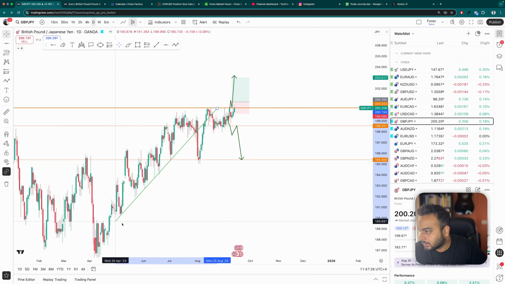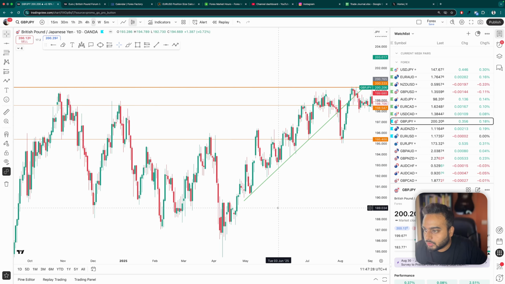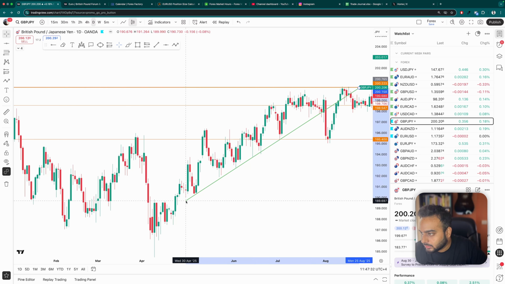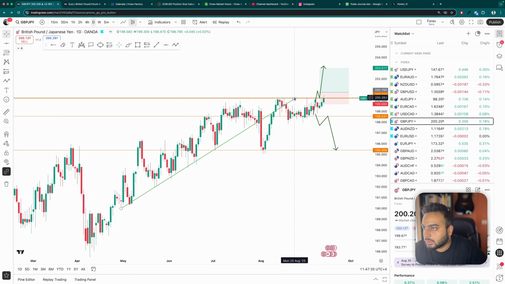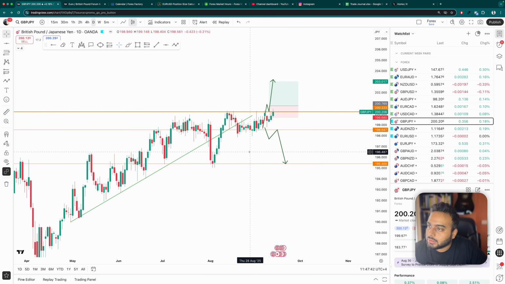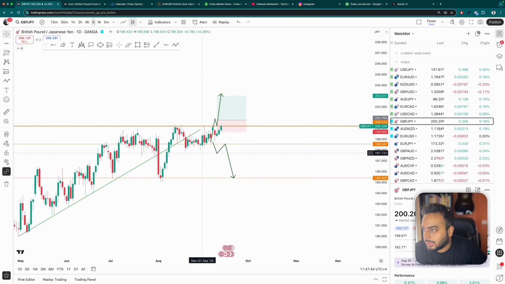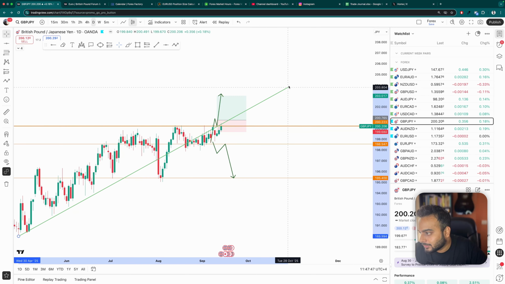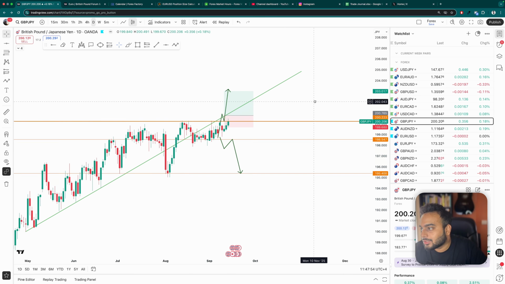I'll mark it to the pip. And then we have something like this. So eventually when it surpasses this level, it will suddenly become a support.